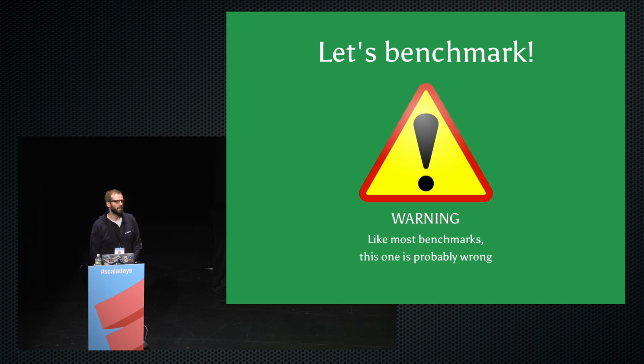Okay, so we're going to have a look at some benchmarks now to try and see what kind of effect adding these annotations has on our code. Just a word of warning that this is probably all wrong. When you write benchmarks, there's a few different ways you can do it.